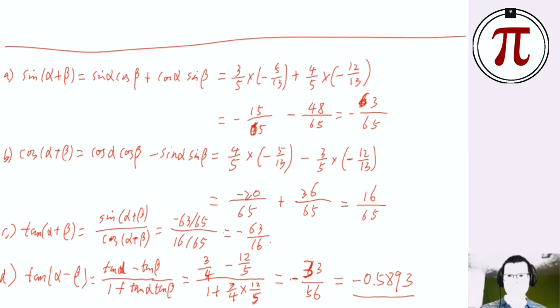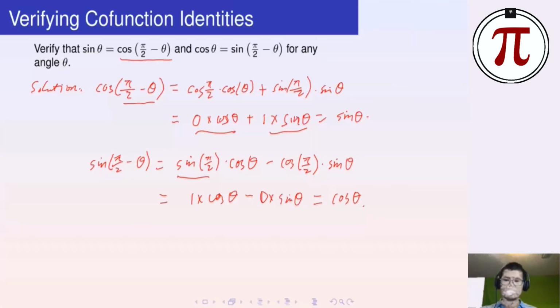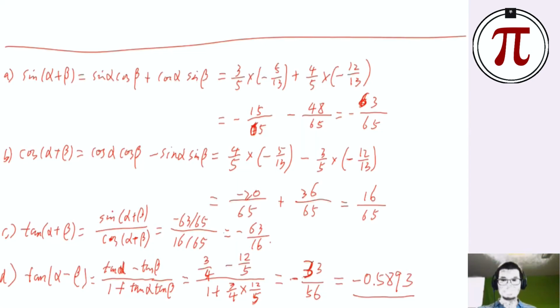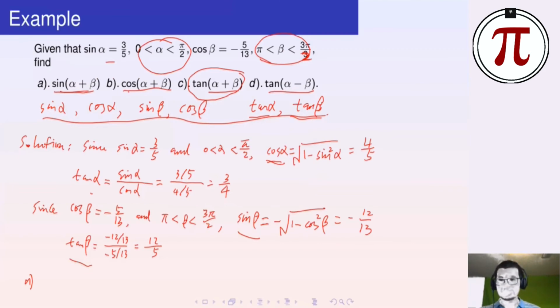Now let's consider A, B, C, and D. We use the formula for different cases, but at first we need to find those values: sine, cosine, and tangent. Very good.